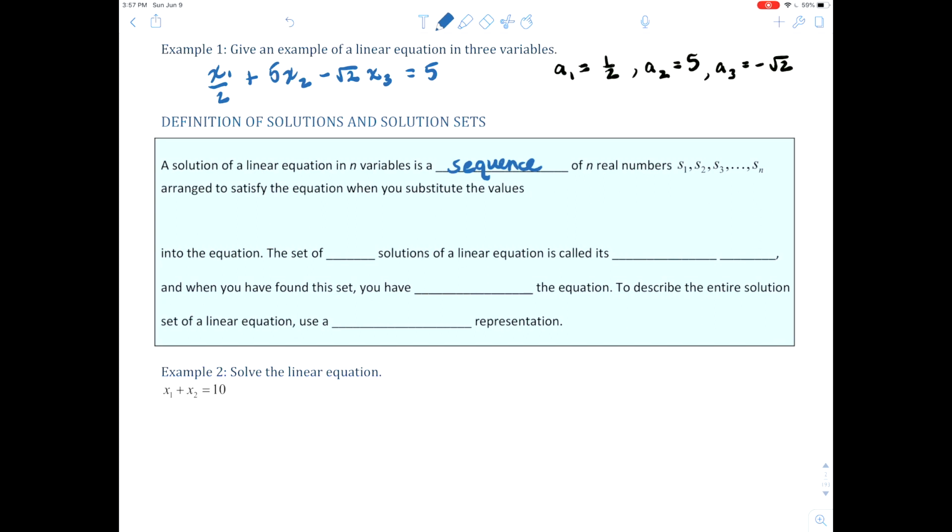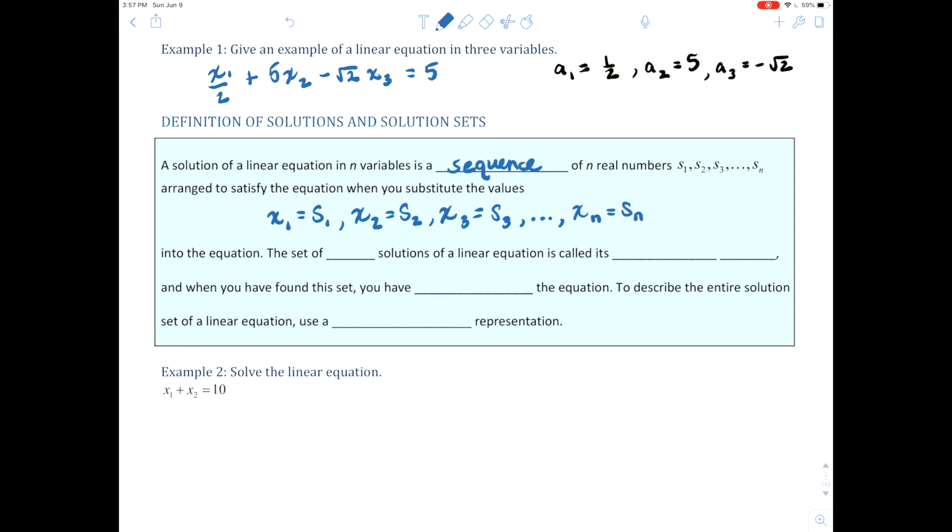And they're arranged to satisfy the equation when you substitute the values x1 equal to s1, x2 equal to s2, x3 equal to s3, all the way down to xn equal to sn.